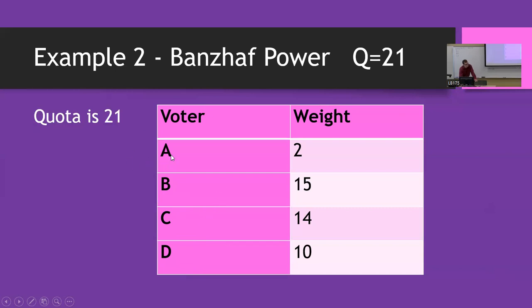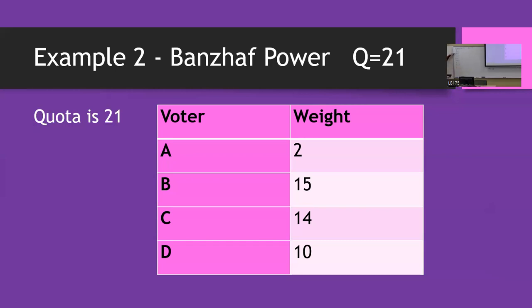Now let's look at triplets. A, B, C, that works. In fact, I think all of the triplets work, don't they? A, B, C, A, B, D, A, C, D, and then the last triplet is B, C, D. So all of the triplets work, and then obviously all four together, A, B, C, D, work.